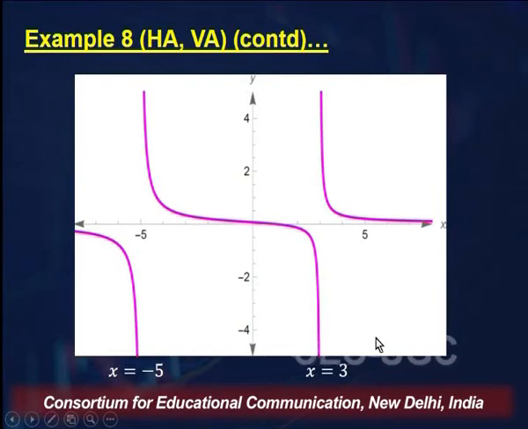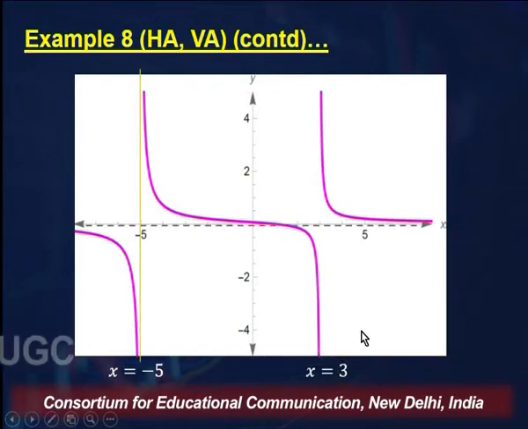And that is why the horizontal asymptote you can see here is y equal to 0. So this is the picture of the function that we were just discussing. You have the x-axis, which is y equal to 0, as the horizontal asymptote, and you have two vertical asymptotes here, which are minus 5 and 3, and you can see that all these asymptotes fall beautifully in line with the basic points that I've been making since the very beginning.